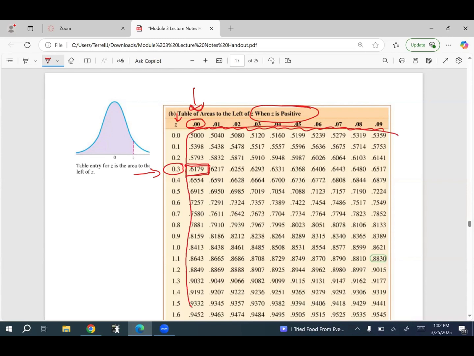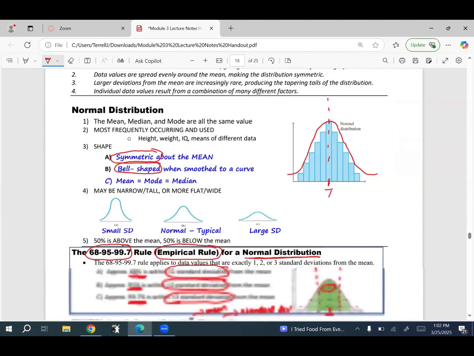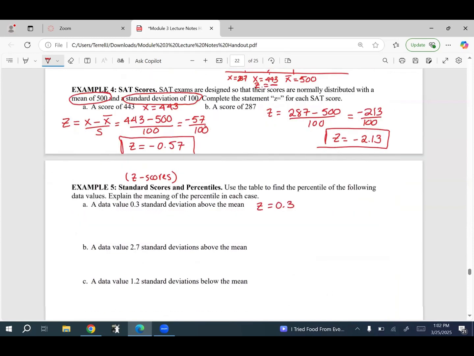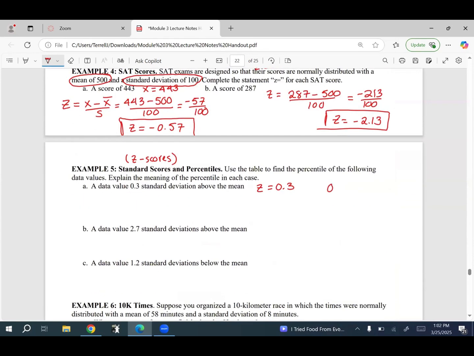These values here are the body of your table, and these are areas to the left of the z-score. So for us, our answer is 0.6179, but we want to make it a percent. 0.6179, that was our area, that's what the table said.